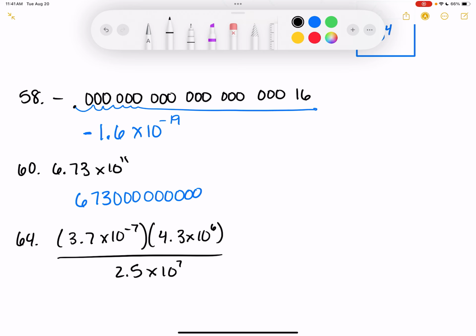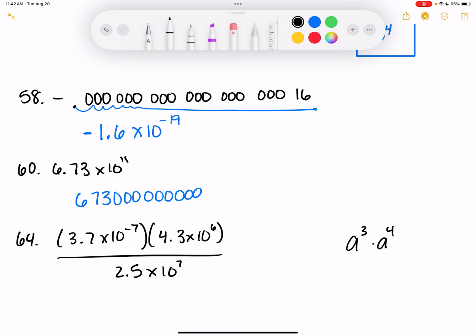Let me pause you. If you have things that are the same base, what do you do with their exponents if you're multiplying? Like a cubed times a to the 4th, you add them, a to the 7th.